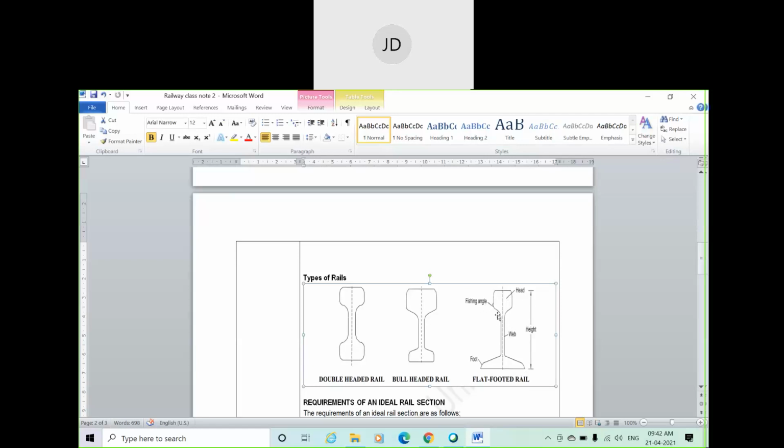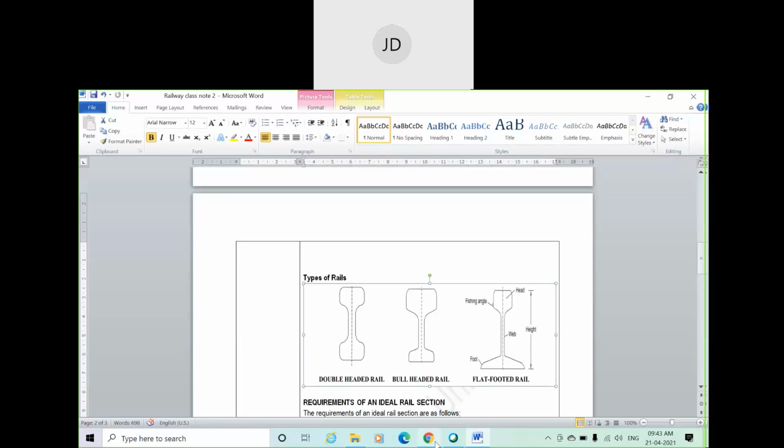Here in the web part a fishing plate is connected. Now we are going to discuss what a fishing plate is and what its purpose is. This angle is known as the fishing angle because this part looks a little like the face of a fish. That's why it's called the fishing angle.